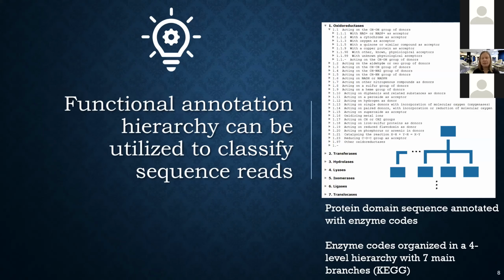So this particular hierarchy labels enzymes in 7 different main branches with a 4-level hierarchy. So from root to leaf, there are 4 different levels. And these annotations can be attached to protein sequences or protein domains like we are doing in this work. So we have a database of proteins labeled with these functional codes, and then we can use those with our sequence annotation.